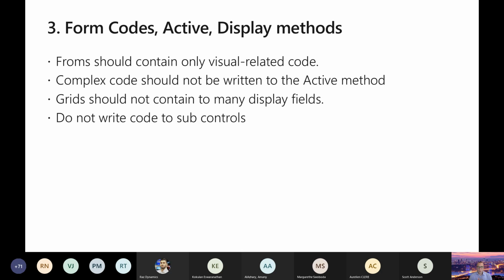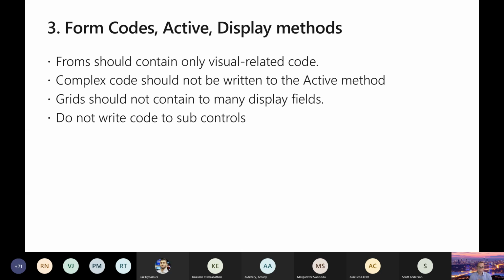Also, don't write complex code in the active method. Active method runs for every record, and most of the time, if one form is slow, it's related to active methods or display methods. So be careful about using these two.